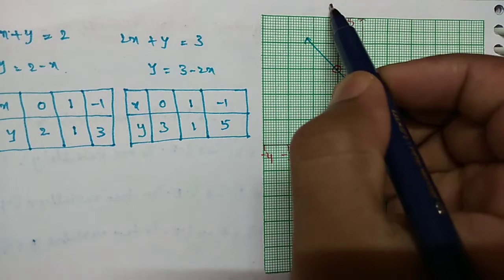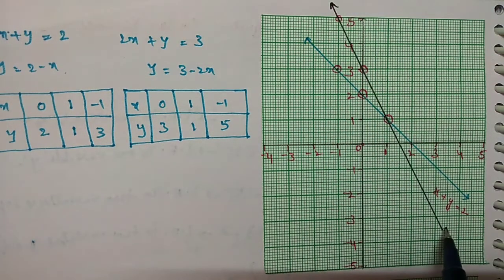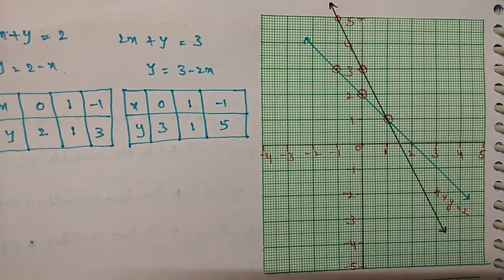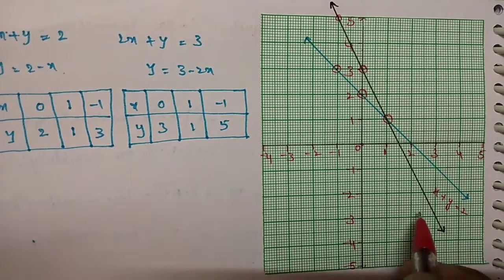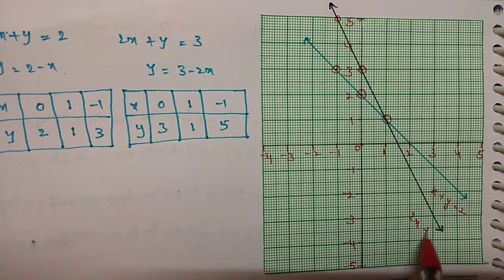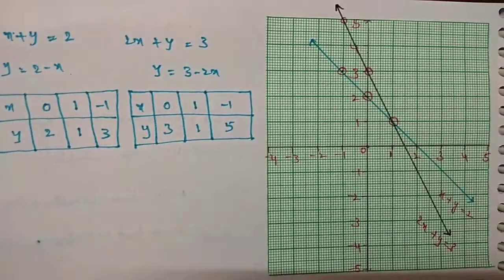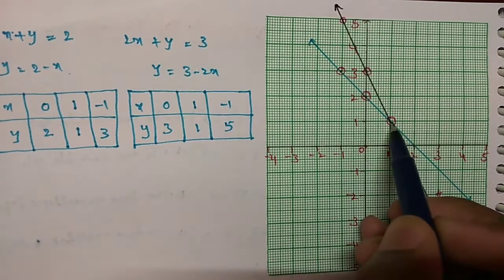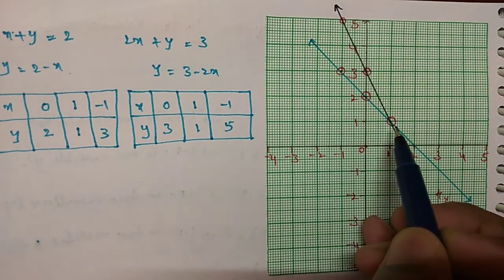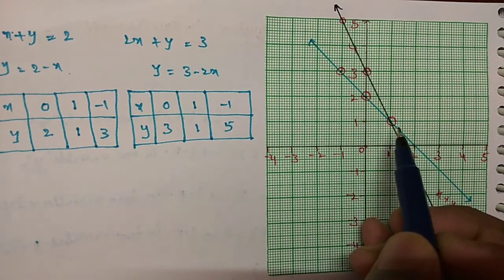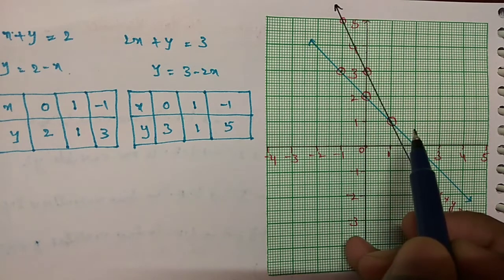So this is the graph of the next equation. The equation of the line is 2x plus y equal to 3. If you observe these two lines, they intersect at only one point, 1 comma 1. So it has a unique solution.